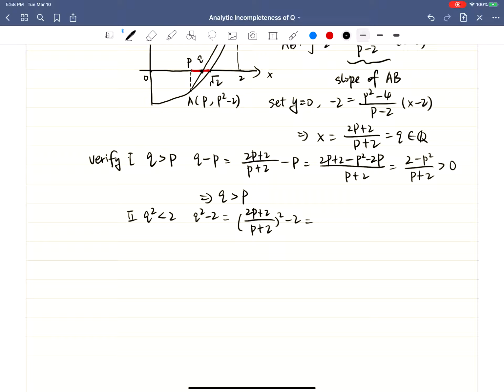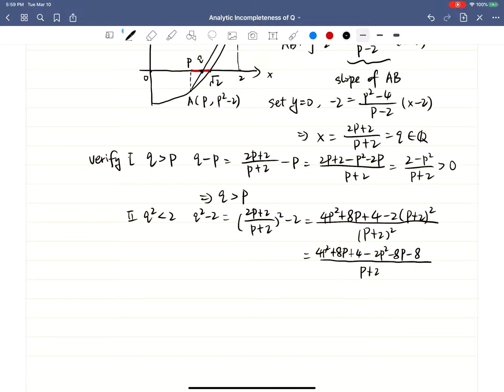And that is (4p squared plus 8p plus 4 minus 2 times (p plus 2) squared) over (p plus 2) squared, which is (4p squared plus 8p plus 4 minus 2p squared minus 8p minus 8) over (p plus 2) squared.